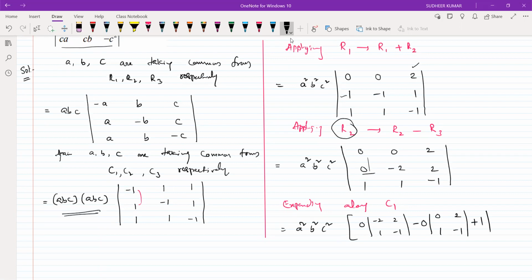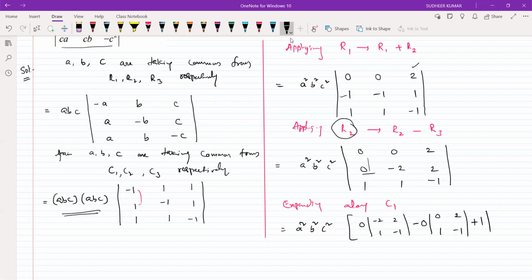Sir, do we have to solve it only by using properties now? Yes, we use properties as much as possible. If it is not possible to complete using properties, then we can proceed with expansion.